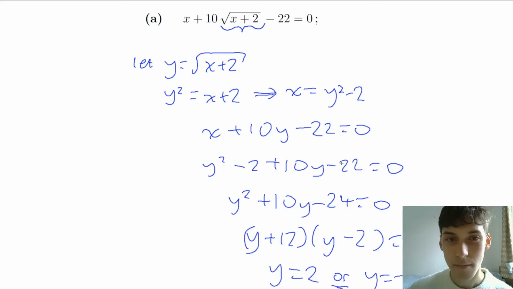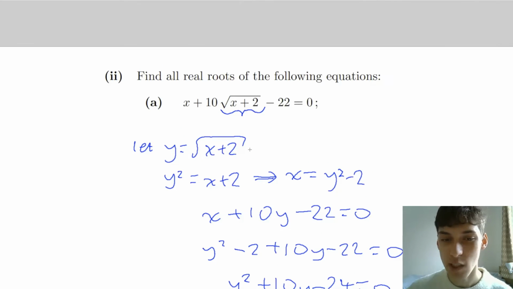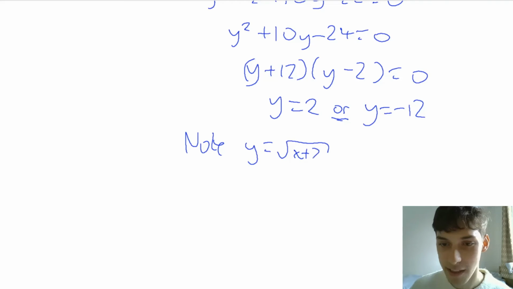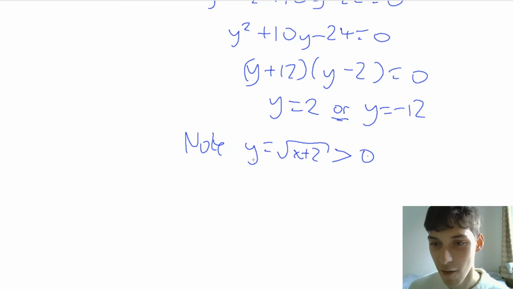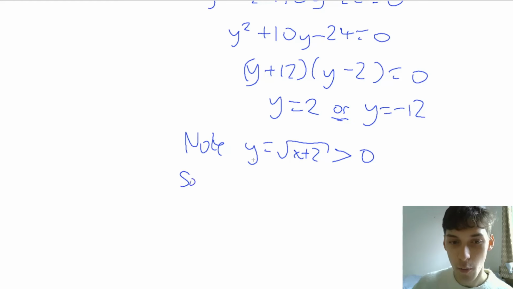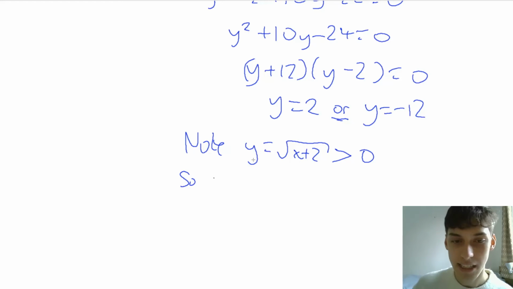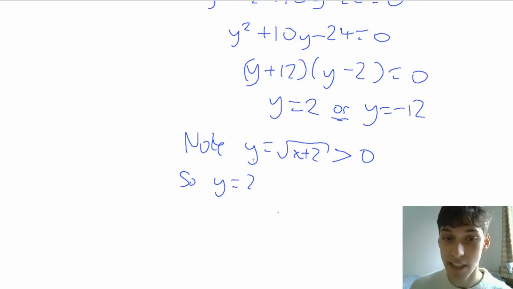Okay. Note that y is equal to this square root, and square roots have to be positive. So we can say note y is equal to the square root of x plus 2, you might see where this is going, which is greater than 0. So we can ignore this y is equal to minus 12 solution to give y is equal to 2 as our only solution.